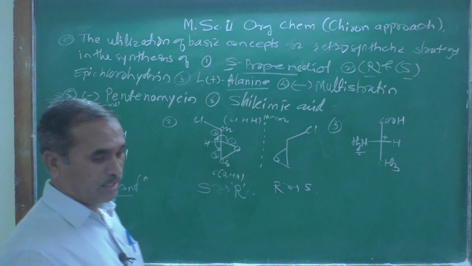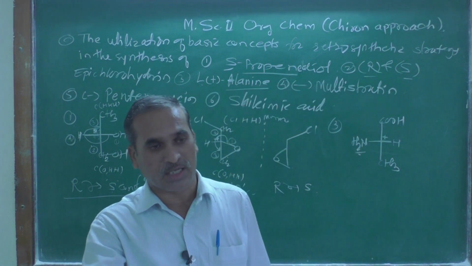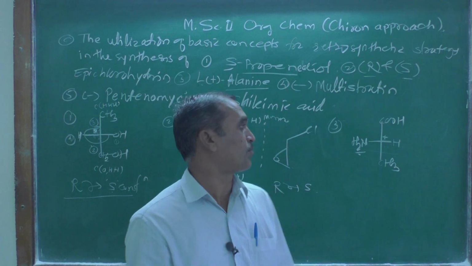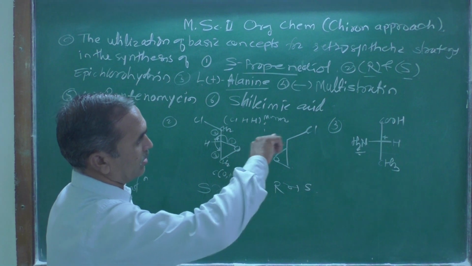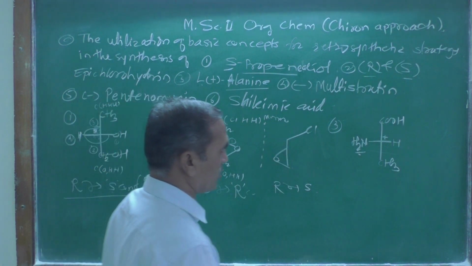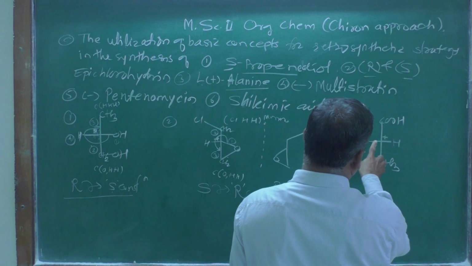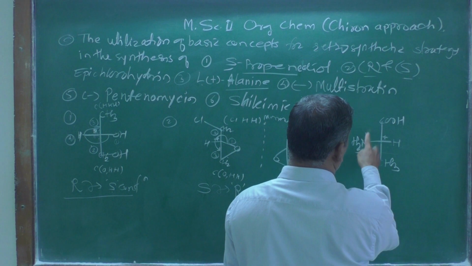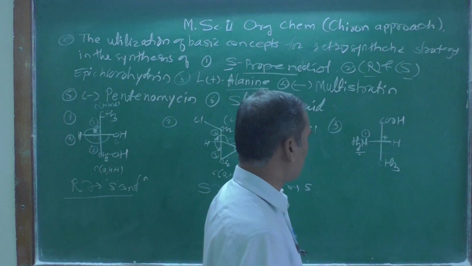Generally, a naturally occurring amino acid with L configuration should have the S configuration. If you find out, 1, 2, 3, you will get the S configuration. Look at this chiral center: carbon, carbon, nitrogen. Nitrogen has priority number 1.